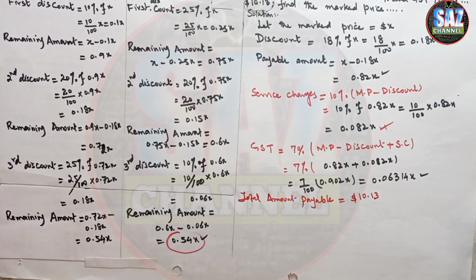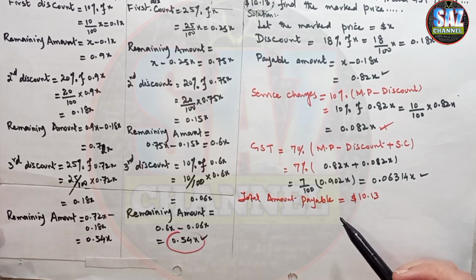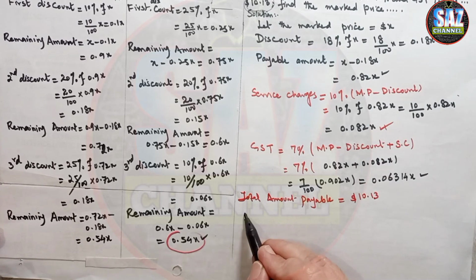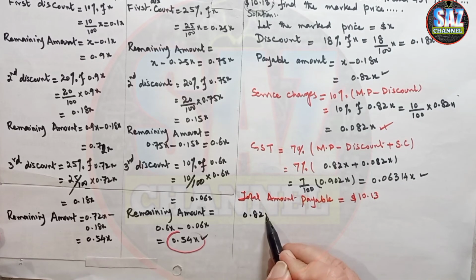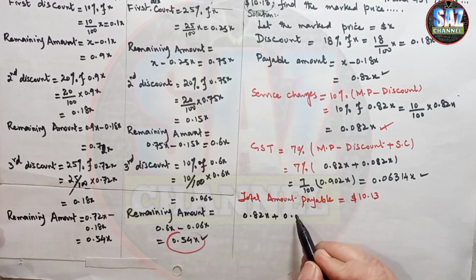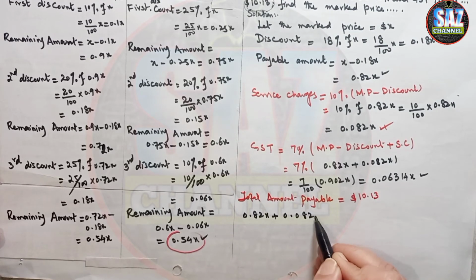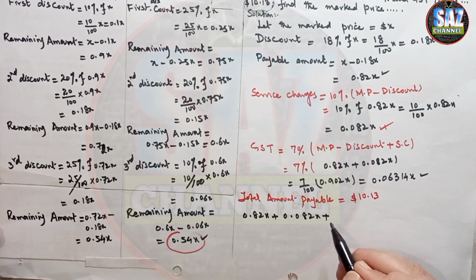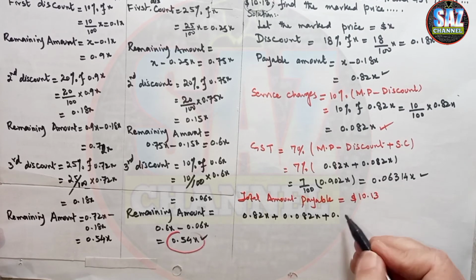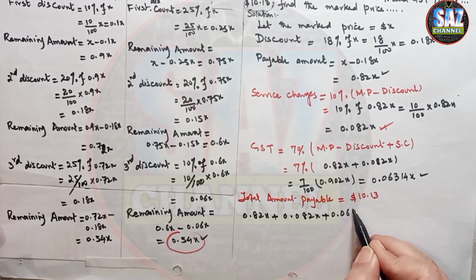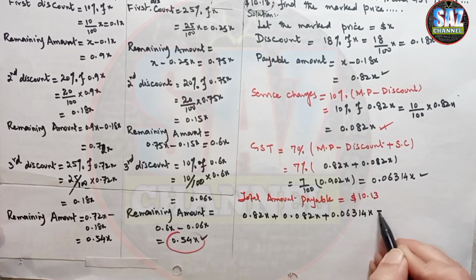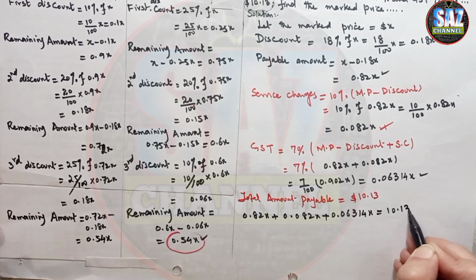Now what I will be doing, I will be equating this 10.13 to the total amount payable, that is 0.82x plus 0.082x plus 0.06314x is equal to 10.13.